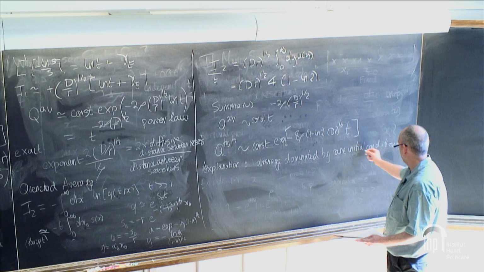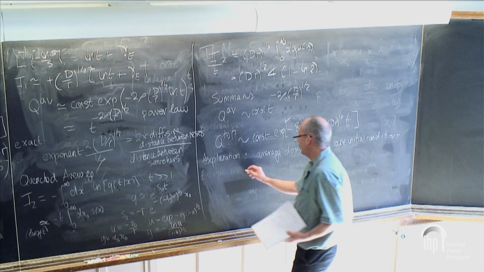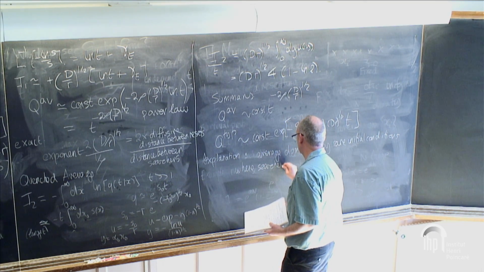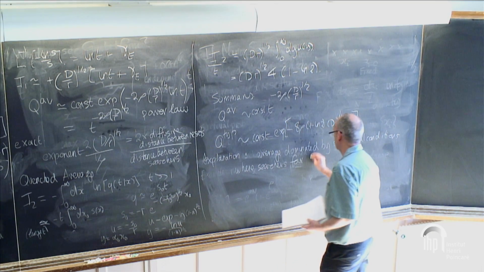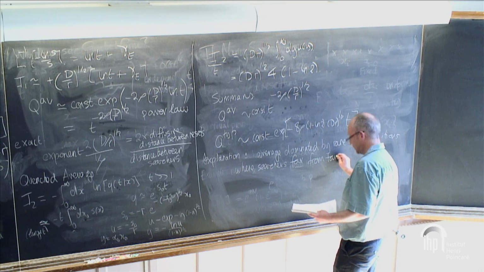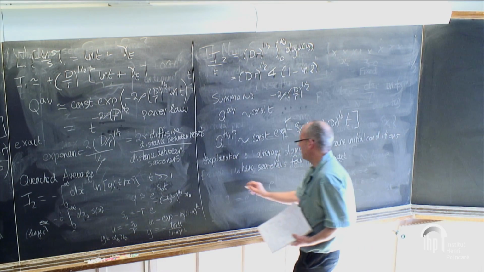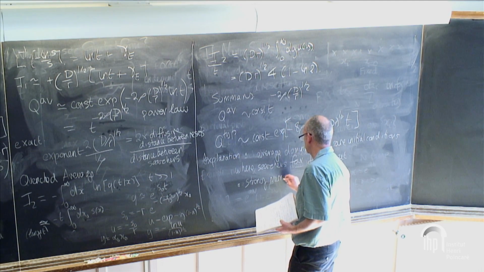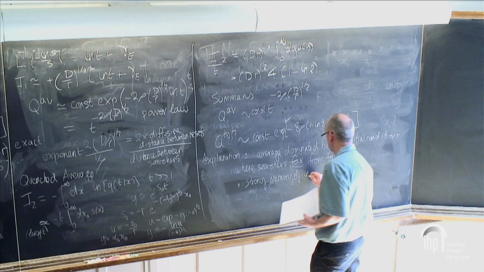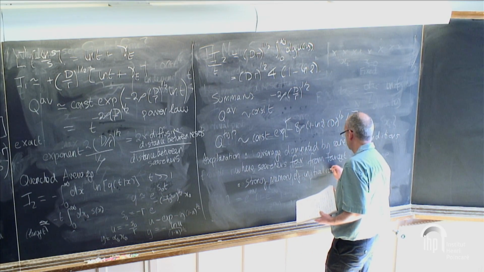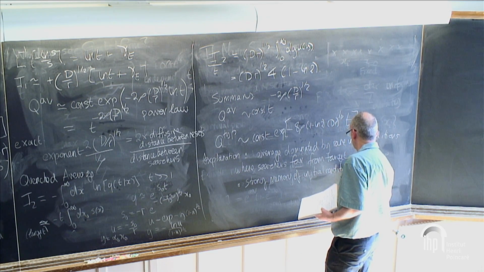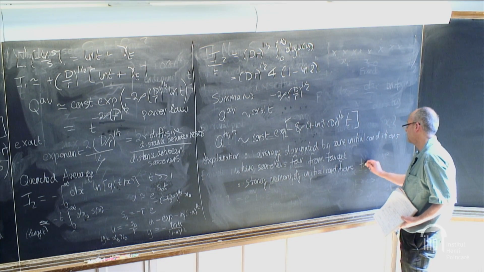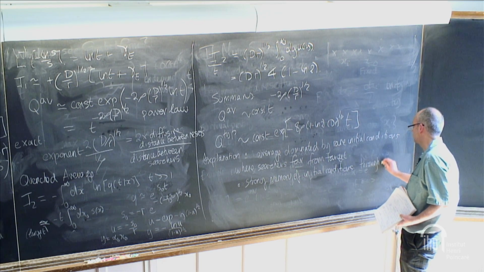The average is dominated by rare initial conditions where the searchers are far from the target, and we have a very strong memory of the initial conditions. And that comes through resetting.